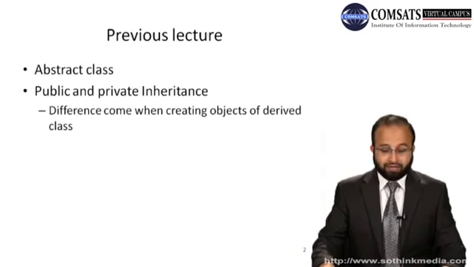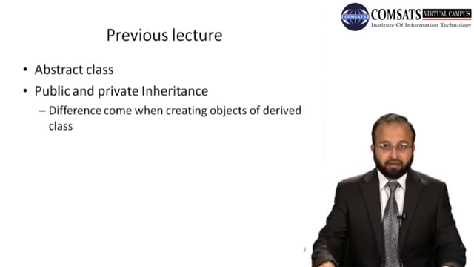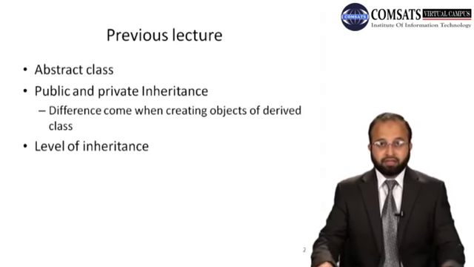The difference comes when we create an object of the derived class. One class is derived or inherited publicly from class A, and another class is inherited from some class B. Now, one is public inheritance and the other is private inheritance; the difference between public and private inheritance will be visible when you create objects of the derived class. So if it is public inheritance, objects of the derived class can access the public members of the base class, and if it is not public inheritance, the object of the derived class cannot access the members of the base class.